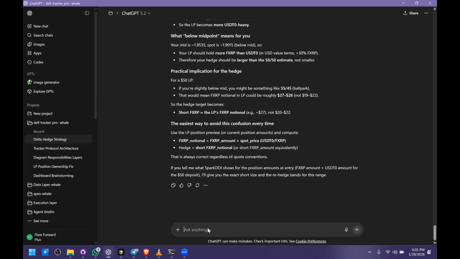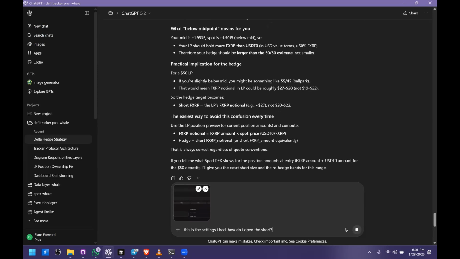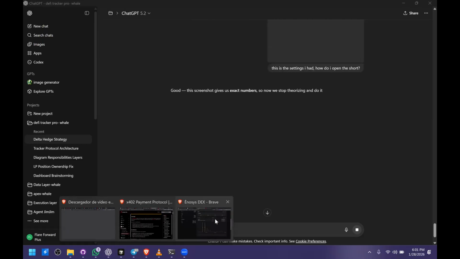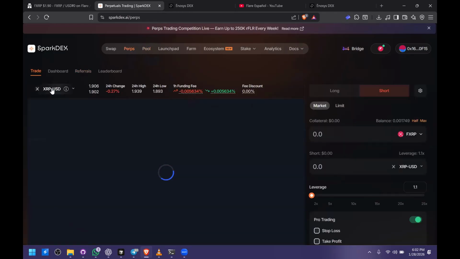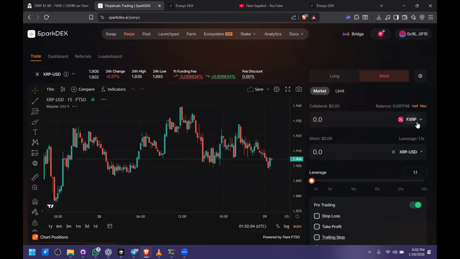All right. So now these are the settings I had for how to open the short. So now we are going to go back here. We're going to go to Perps, XRP, and for the collateral I'm going to use USDT.